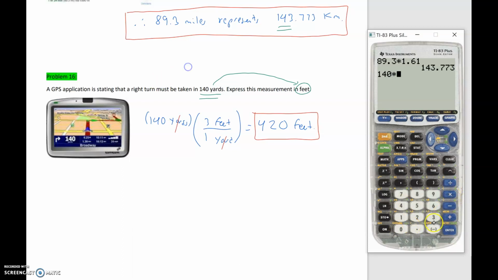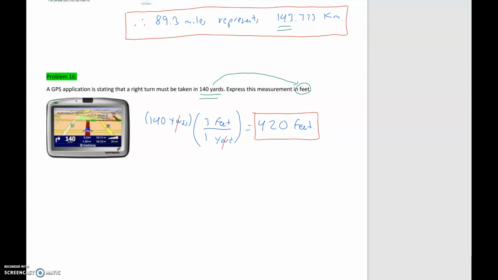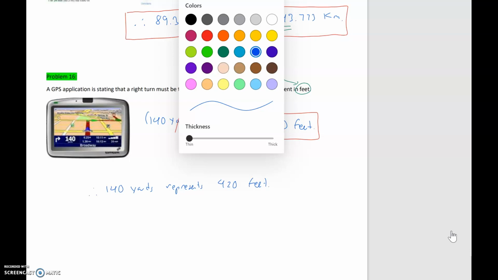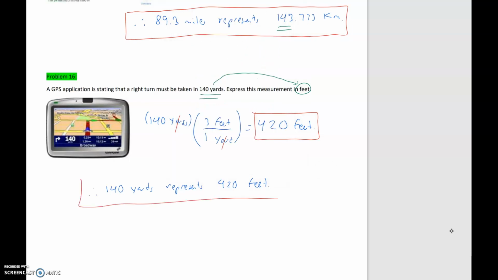So 140 times 3 ends up being 420. Okay. And then as our final answer, 140 yards represents 420 feet. Okay, that's actually it for this last set of problems.